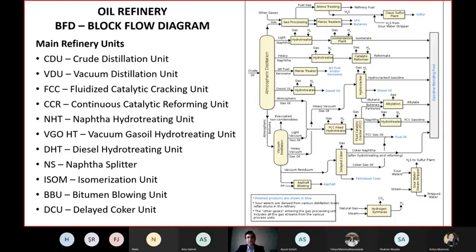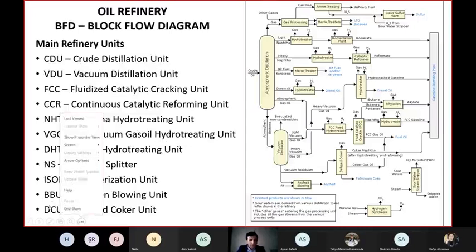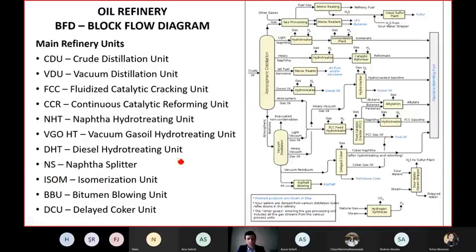So we started from the oil refinery block flow diagram. This is the block flow diagram you saw in the first session. One moment, my pen is not working. Okay, now it's working.